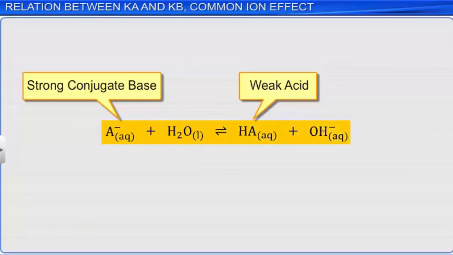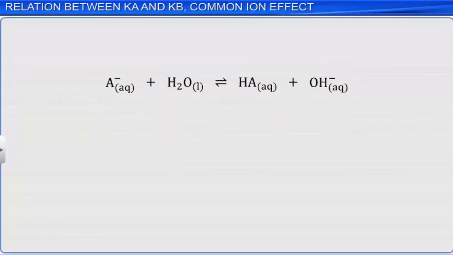The base dissociation constant, Kb, for the dissociation of this base can be written as the product of concentration of HA and OH minus ion divided by A minus.